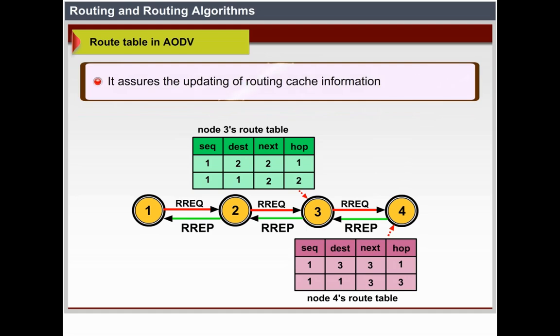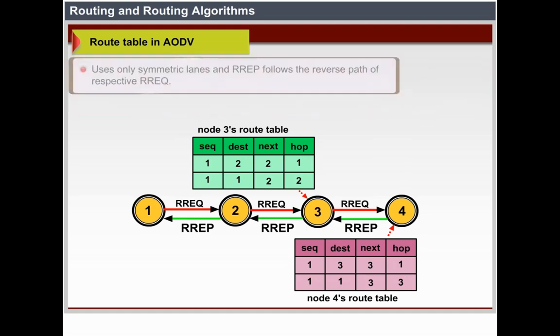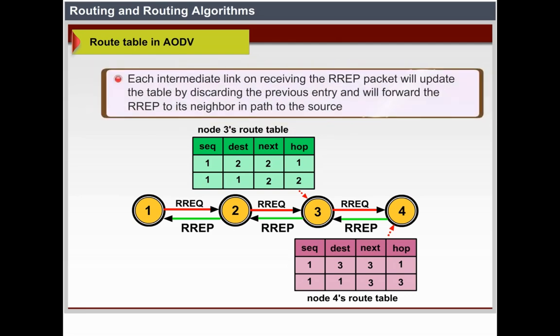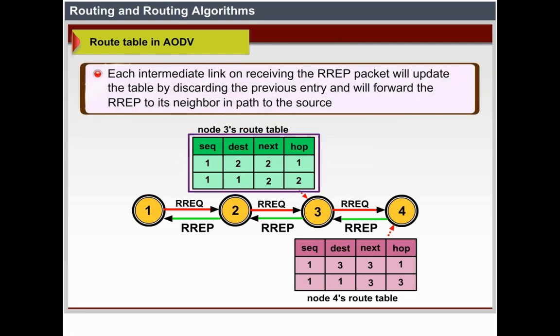It guarantees the updating of routing cache information. It uses only symmetric links and RREP follows the reverse path of respective RREQ. Each intermediate node on receiving the RREP packet updates the table, discarding the previous entry, and forwards back the RREP to its neighbor in path to the source.